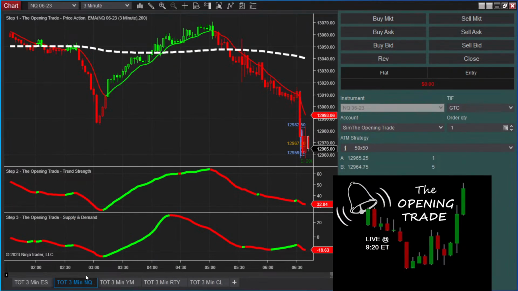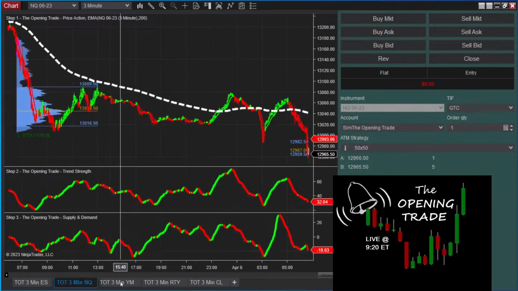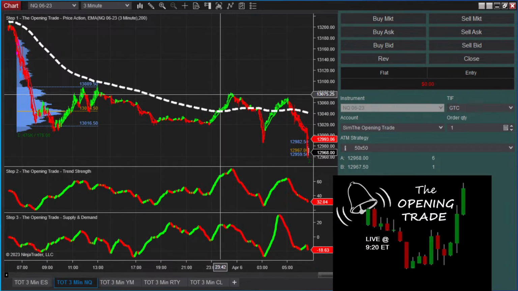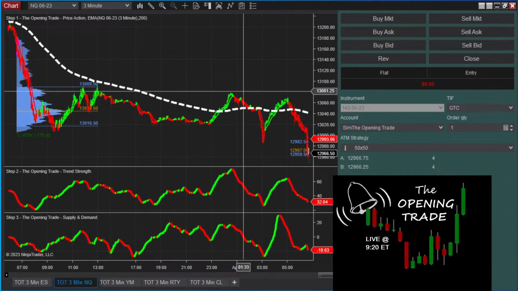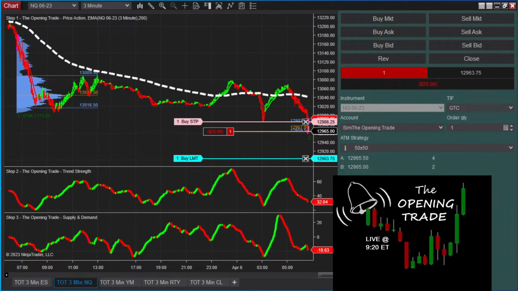All right, so Nasdaq is still making its pull down below the 200 period EMA, and if you look at that, could you get any more perfect? It's almost identical. This goes green up, red down, green up, red down. Order submitted. And then we just went into an automated trade.